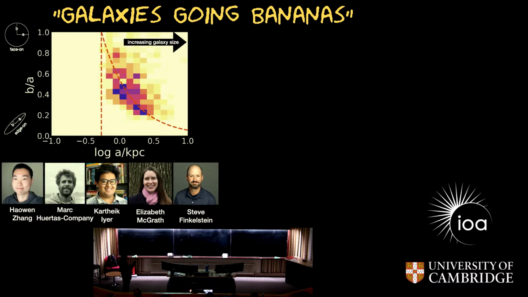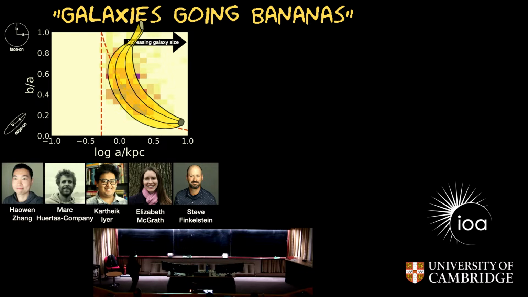For this early Milky Way progenitor representative population, it's tracing out a particular shape. There are a lot of galaxies, especially at larger sizes, popping up at small, elongated B over A, and there's a deficit of things up here to the top right. When we made this figure, it looked to us like the shape of a banana. And so that's the inspiration for the title of the publication, Galaxies Going Bananas.